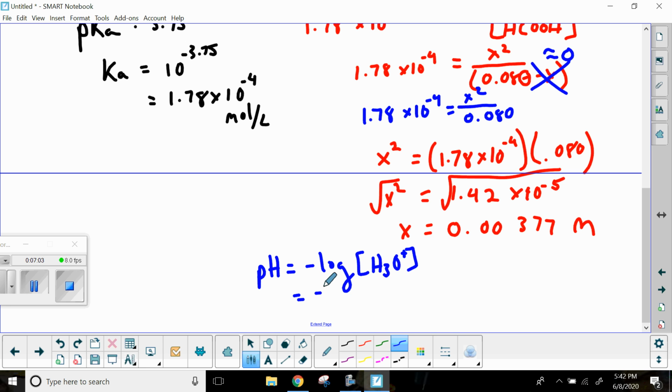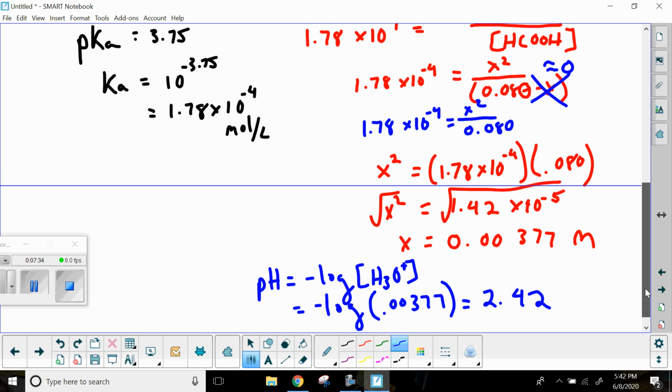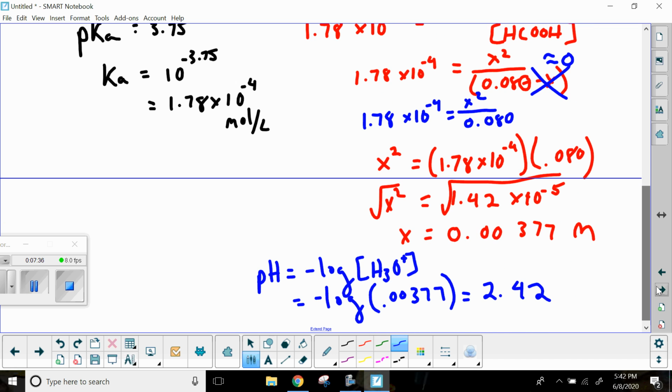So I've got the negative log of 0.00377. Put that into my calculator, second answer. And I find that I've got a pH value of 2.42, which is indicative that I've got a fairly weak acid here. It's not a pH of 0 or 1. It's a fairly decent pH for a weak acid.